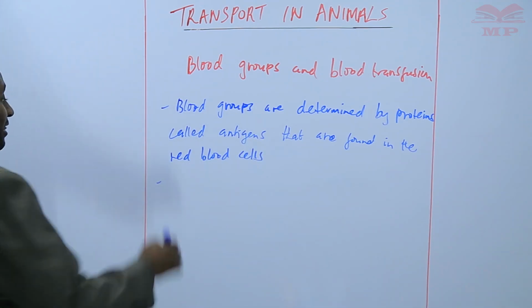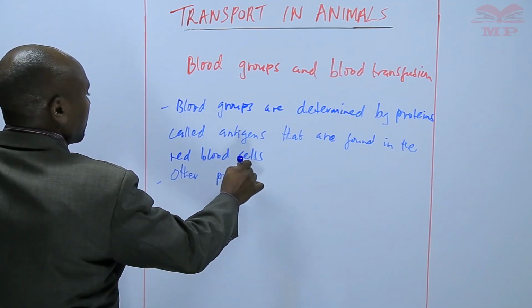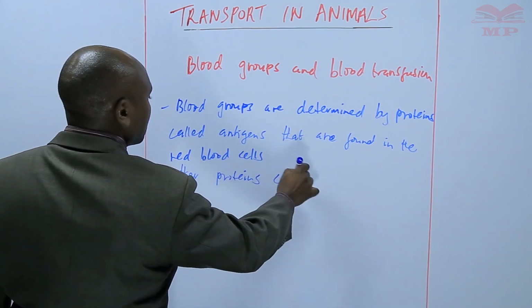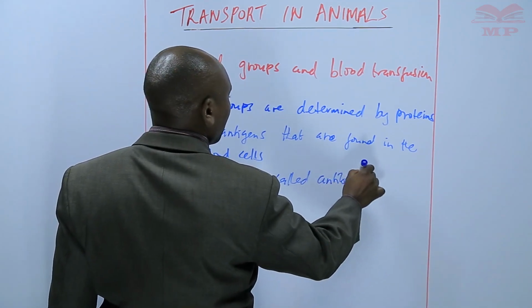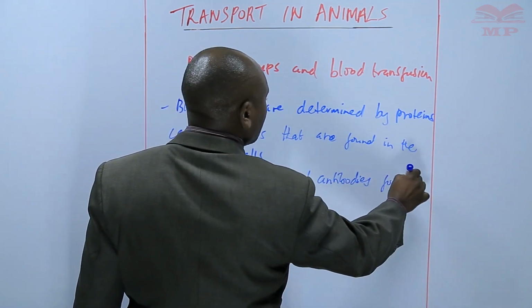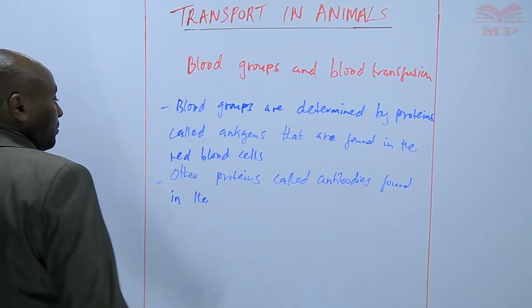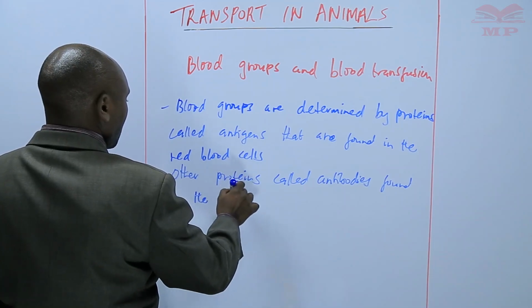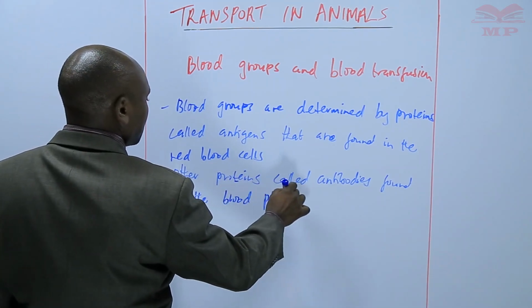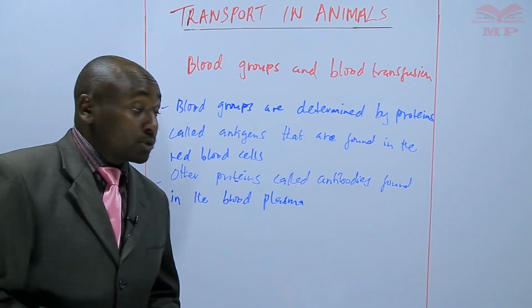Also, we have other proteins called antibodies found in the blood plasma, and they also help in the determination of blood groups.